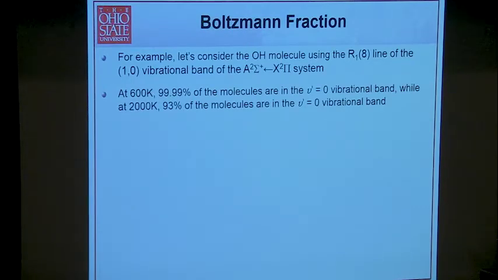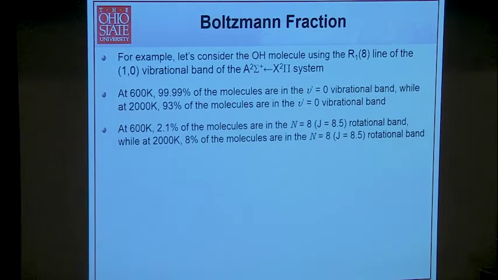Pretty much everything's lying in the lower vibrational band. But at 2,000 Kelvin, only 93% is. So that means you have 7% distributed amongst V prime equals 1, 2, etc., with the majority of it obviously in V prime equals 1.